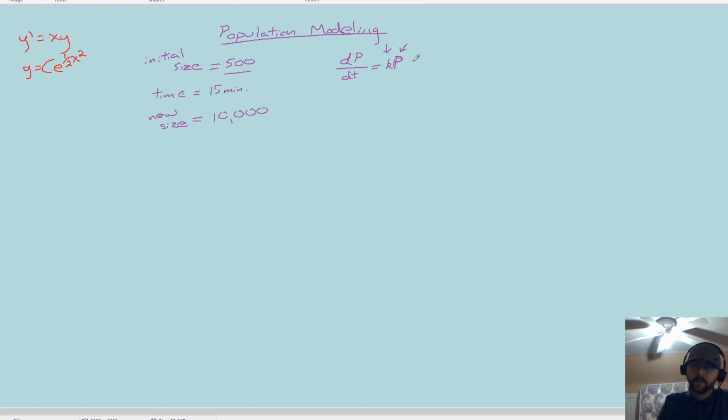You can solve this. This is an easy, nice first order equation, because the highest derivative in it is a first derivative.